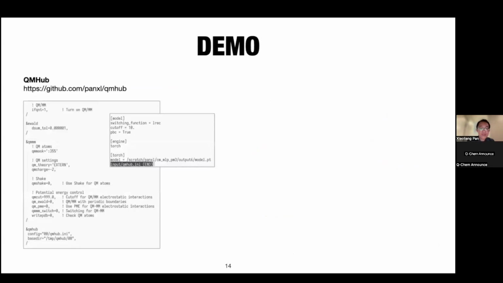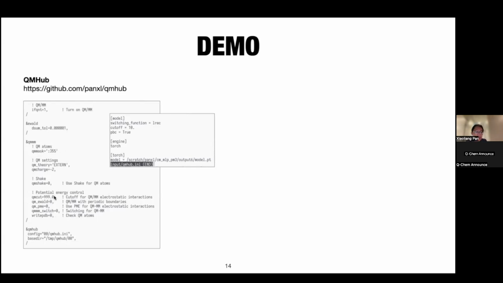Okay, I think I have some time to do a demo. First I want to show an example of the input for QMHub. On the left are snippets of the Amber inputs, showing how to modify the Amber inputs to run QMHub. Mostly it is unchanged in the QMMM section, besides that we want to use a very large QM card in this case.